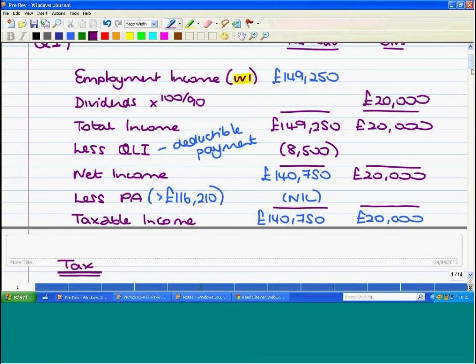However, in this case, we are still way above that 116,210. So once we're above that, if we take our excess, we divide it by 2, we're easily going to wipe out the whole of the £8,105 personal allowance. So that's why I don't have a personal allowance here.